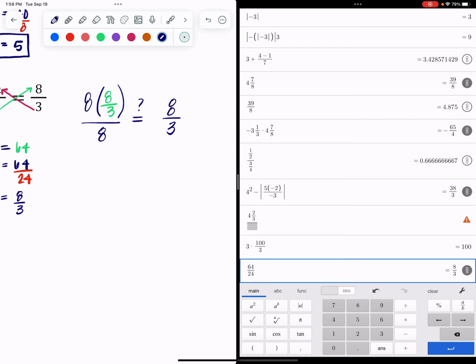Same idea as the last one. I am going to cross multiply that direction. So I have 8 times 8 over 3 times 3.